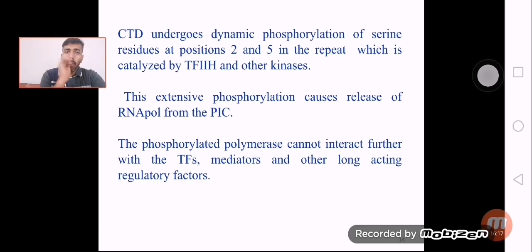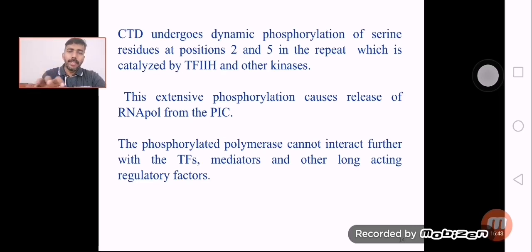So you have to note that in the beginning, or in the initiation event, the CTD of the RPB1 will be in the unphosphorylated stage, right? Only when it is in the unphosphorylated stage, the initiation is possible. And once the initiation is done, it is going to be phosphorylated, and this is done by the TF2H.